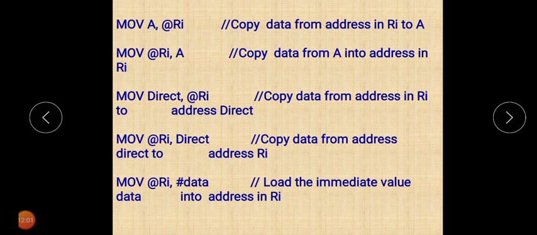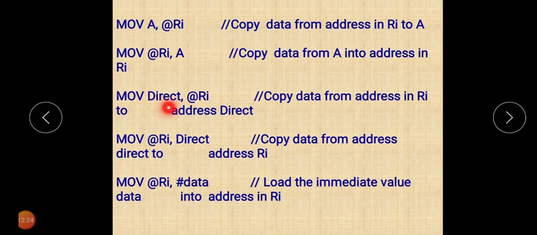The address of the memory location is being stored in Ri, and we are accessing that data with the help of that register, and that is, this register Ri is acting as a pointer to the data, hence it is called a pointer register.